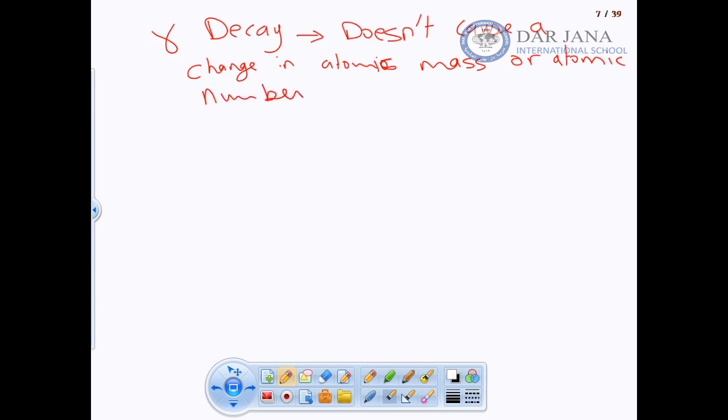We will have, for example, uranium 234, let's say 92. It's labeled here that it is radioactive. We will have uranium 92 also 234, but it is less radioactive. It will emit gamma. Gamma has no mass and no charge.